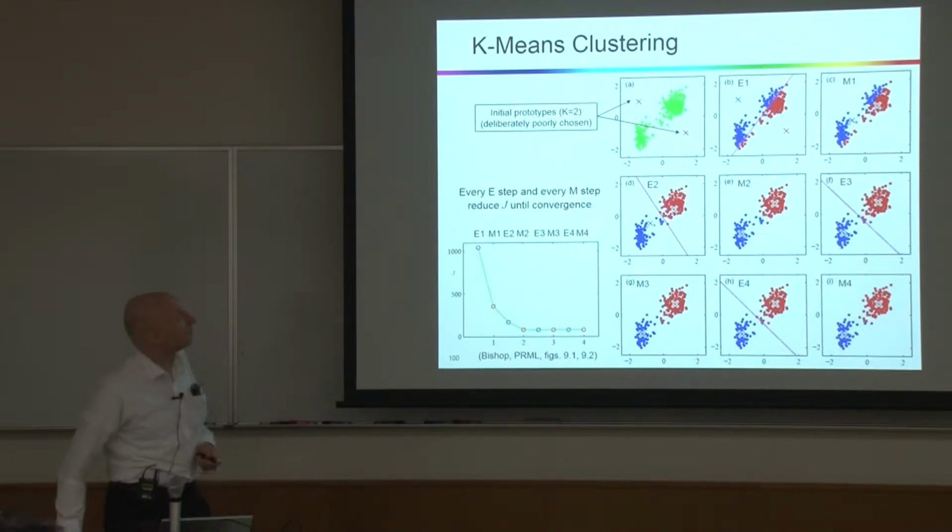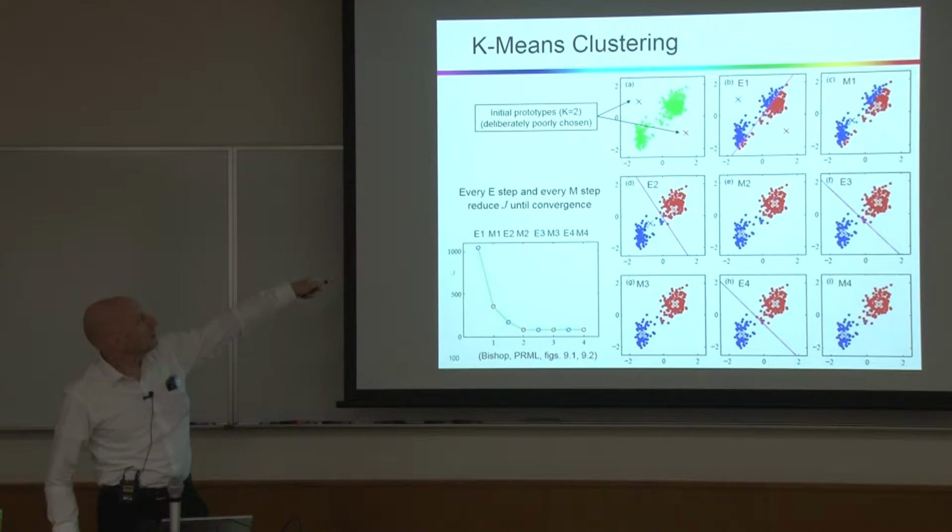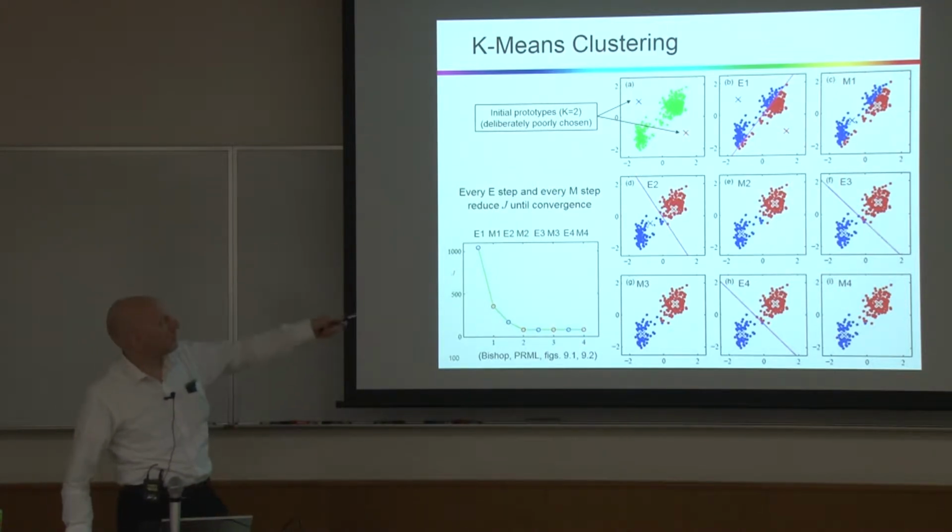Easier to look at a picture. So here's that data set. Here are two randomly initialized, actually deliberately badly initialized class centers. The first E step, we assign to the blue class all the data points that are nearer to the blue class center than the red. And we assign to the red class all the data points that are closer to the red class center.